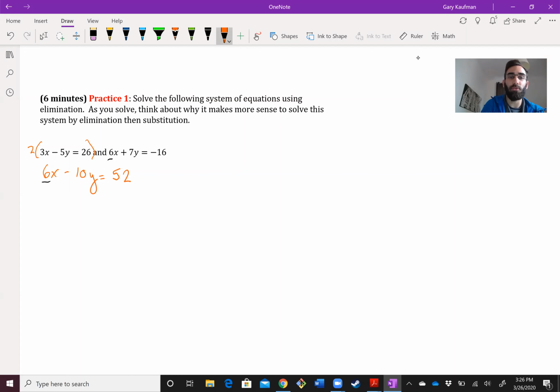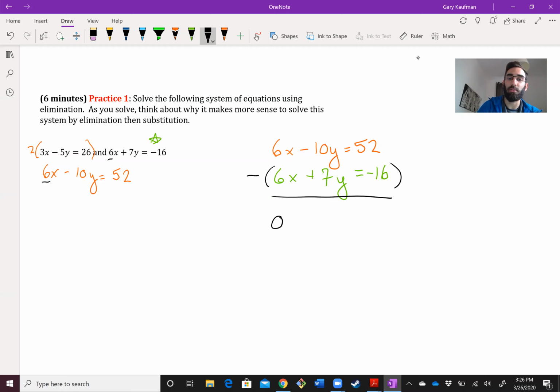I'm now going to line the 2 equations up, and I'm going to stick with orange for this one, and I'm going to do green for this one. Well, because my goal is to eliminate the variable terms, and since both of these are 6x, to eliminate them, I must subtract them. So all of a sudden, I have a 6x minus 6x. That becomes a 0x.